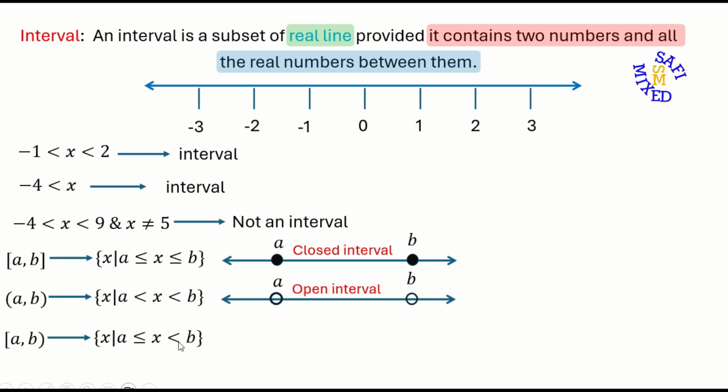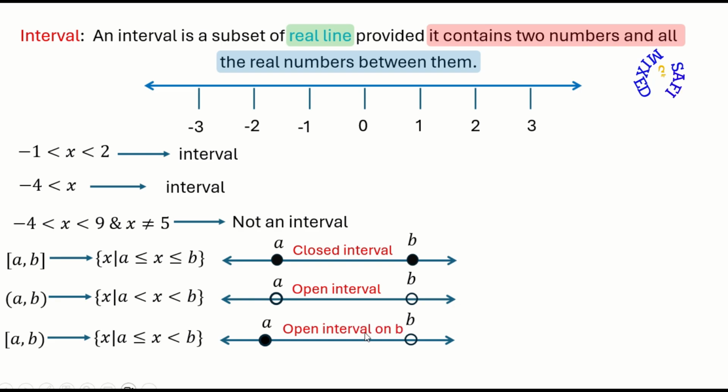Such an interval on the real line is represented by putting a filled circle and an empty circle. The filled circle is put at the position of A and the empty circle is put at the position of B, and this interval is open on B.